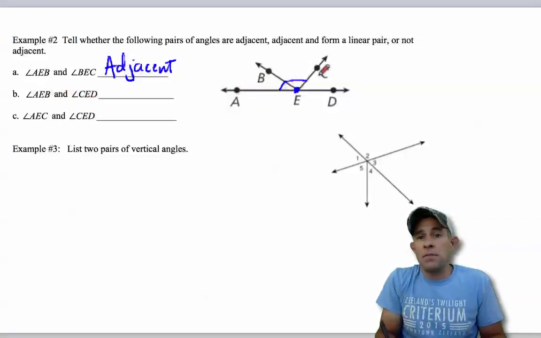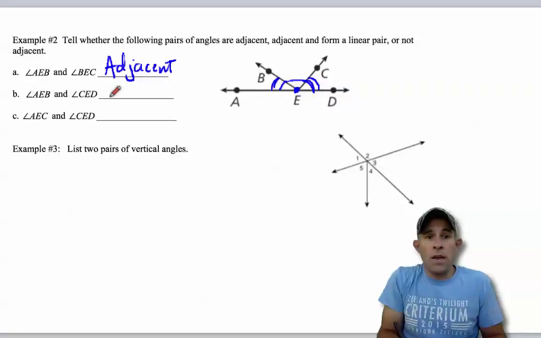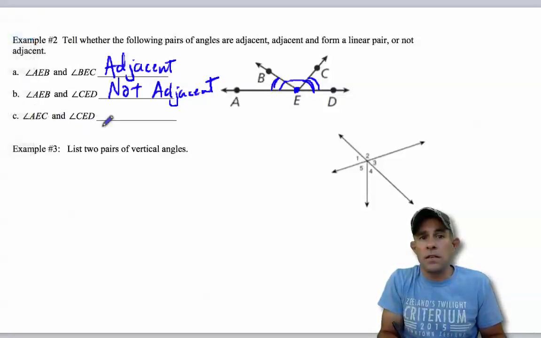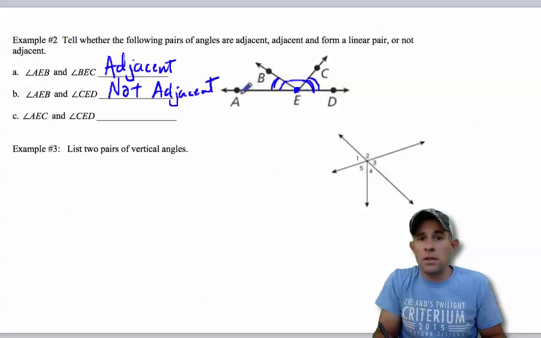All right, the next pair is AEB and CED. So AEB and CED are now these two angles here. We see that they do not share a ray, so therefore they are simply not adjacent. All right, our next one we are going to take a look at is AEC and CED. So AEC is now this red one here, and CED is the second red one.